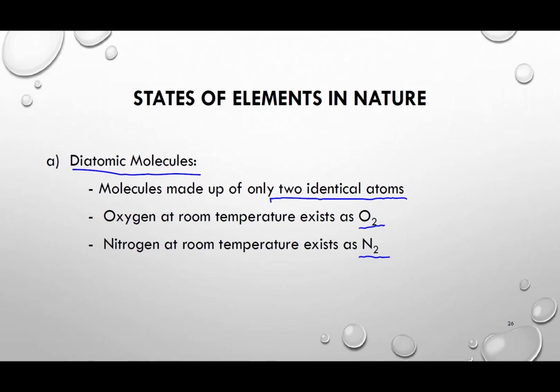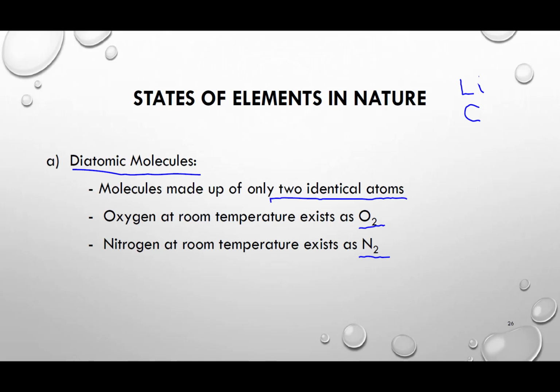When we talk about lithium, it's a lithium atom. That's what you write. We talk about a carbon atom. That's what you write. But you have to keep in mind, there are some atoms, even though we call it an atom, that are written in diatomic form, like oxygen atom, nitrogen atom.